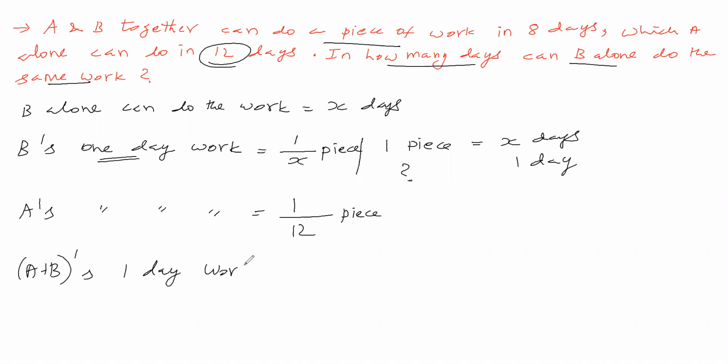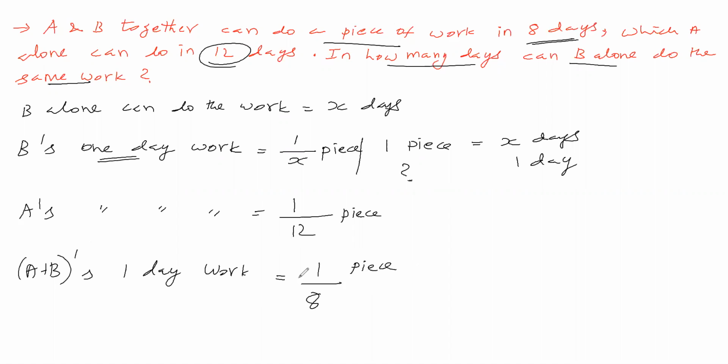One piece is done in 8 days, which is given. So A and B together take 8 days for completing one piece of work. So for 1 day, 1 by 8th piece.